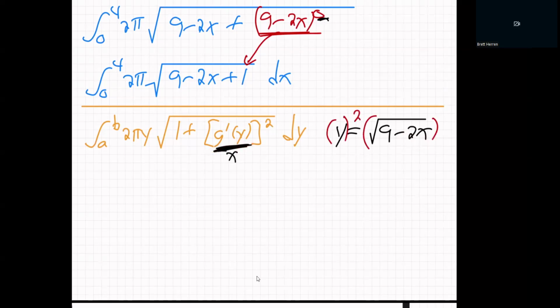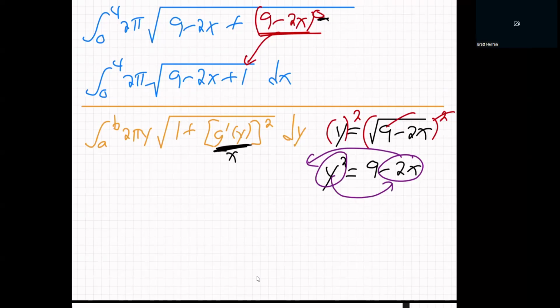I'm going to square that side, square that side. Squaring cancels rooting. So then we get y squared is 9 minus 2x. I just like to jump things around. I'm going to take that minus 2x and jump it over here and that y squared and jump it over there. Whenever things jump to the other side, they switch signs, right? I'm just adding, subtracting to both sides.